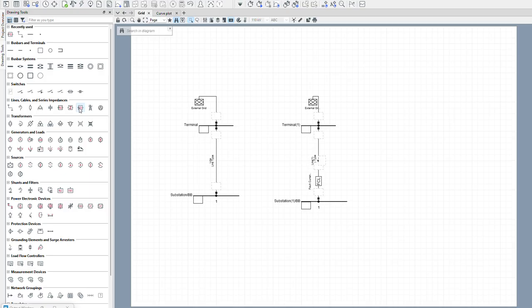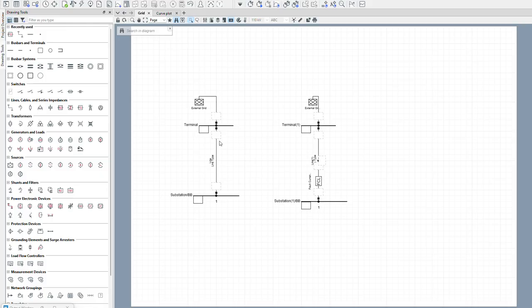For this reason, we should install some fault current limiters in series with the transmission line, like this, to limit the fault current and make its magnitude much lower. Then we can use our circuit breakers to open a somewhat lower fault current.